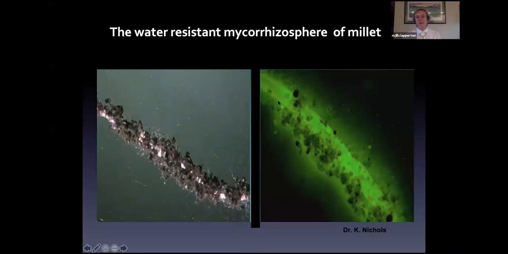Water resistant. You can see the soil particles that are actually glued to the root through the mycorrhizosphere, and that is the mycorrhizosphere. That glowing halo is the extent to which the mycorrhizosphere itself has extended. And now you can see the same root, but only in light as opposed to fluorescence.